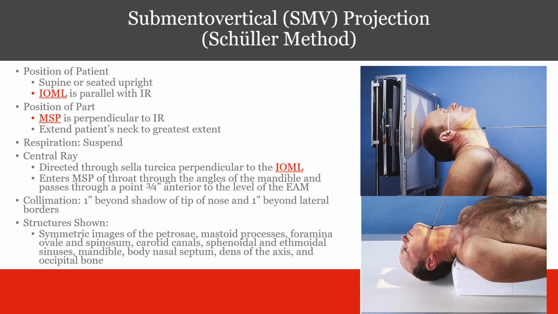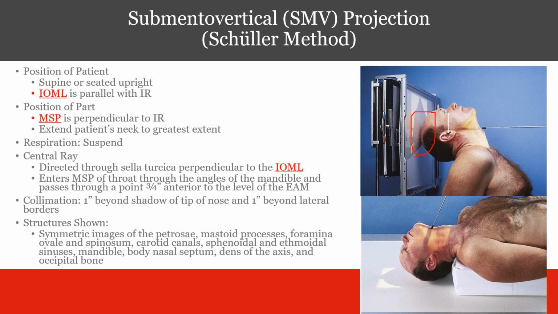You'll see in these pictures that the vertex of the skull is on the image receptor. You want to direct the central ray through the sella turcica perpendicular to the IOML. It enters the mid-sagittal plane of the throat between the angles of the mandible and passes through 3/4 of an inch anterior to the level of the EAM.